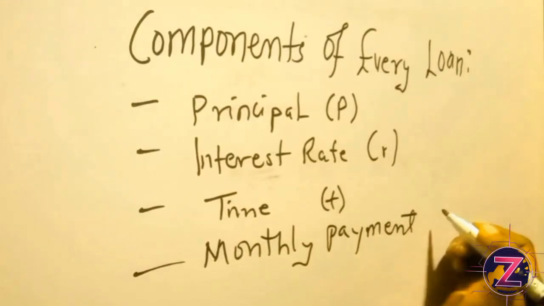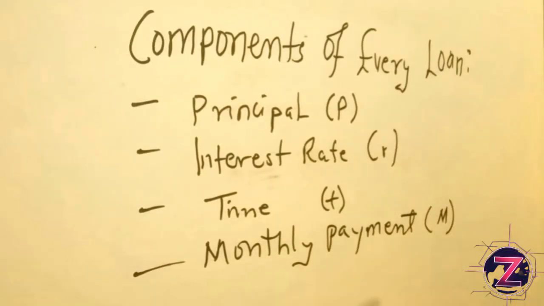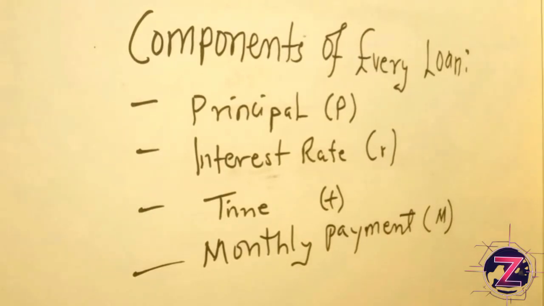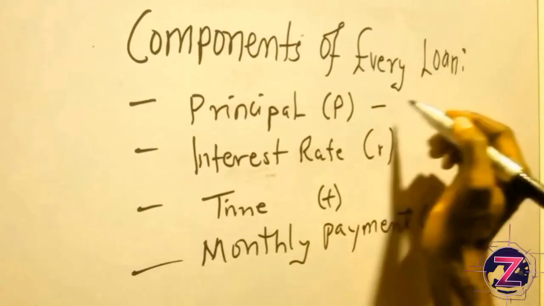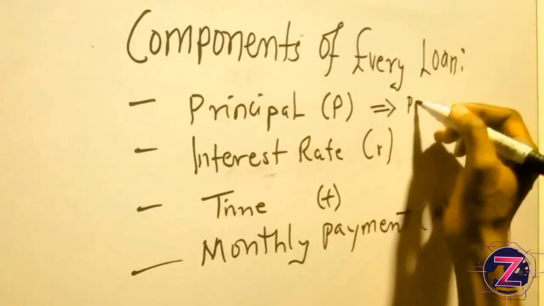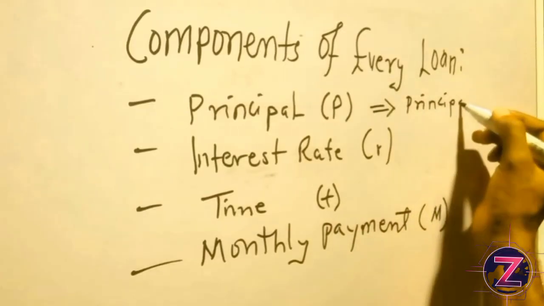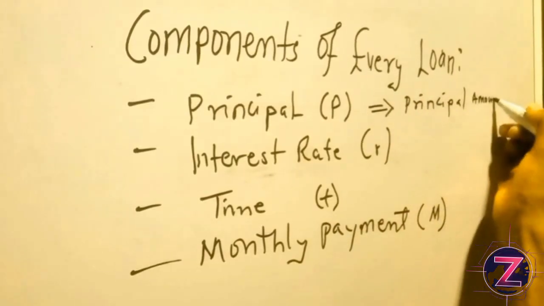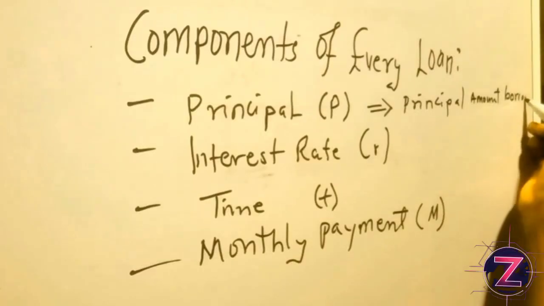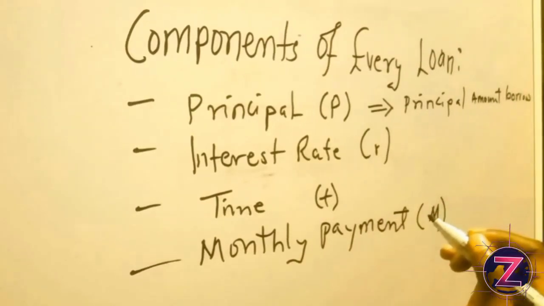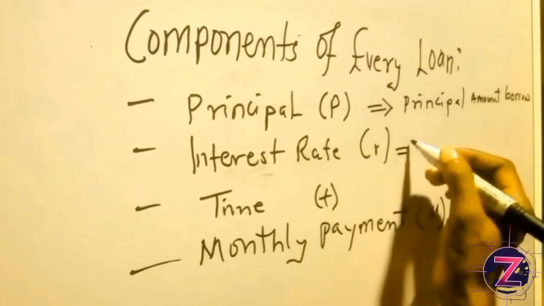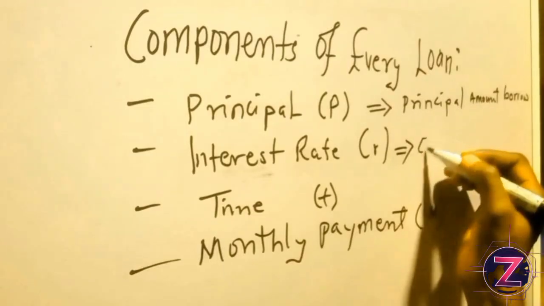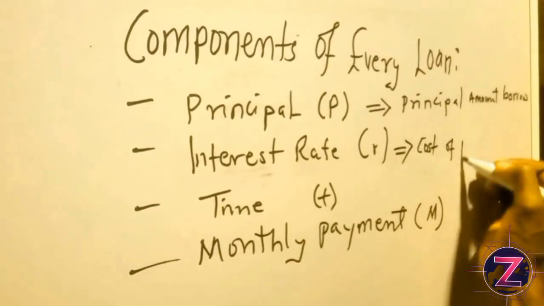You also have M, which is the monthly repayment. Hence, we can say the principal P implies the principal amount of that loan. The interest rate R implies the cost of borrowing.